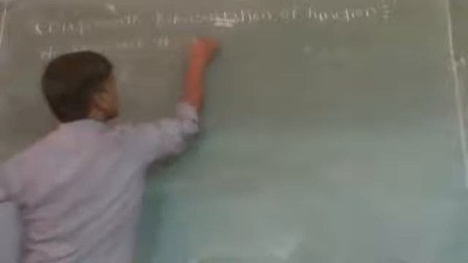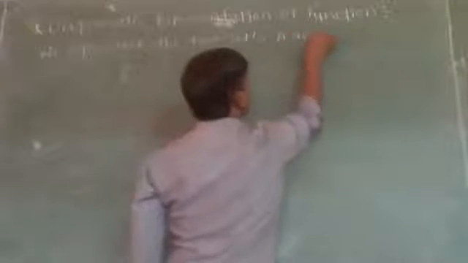We represent the two sets A and B by the interior of two circles.